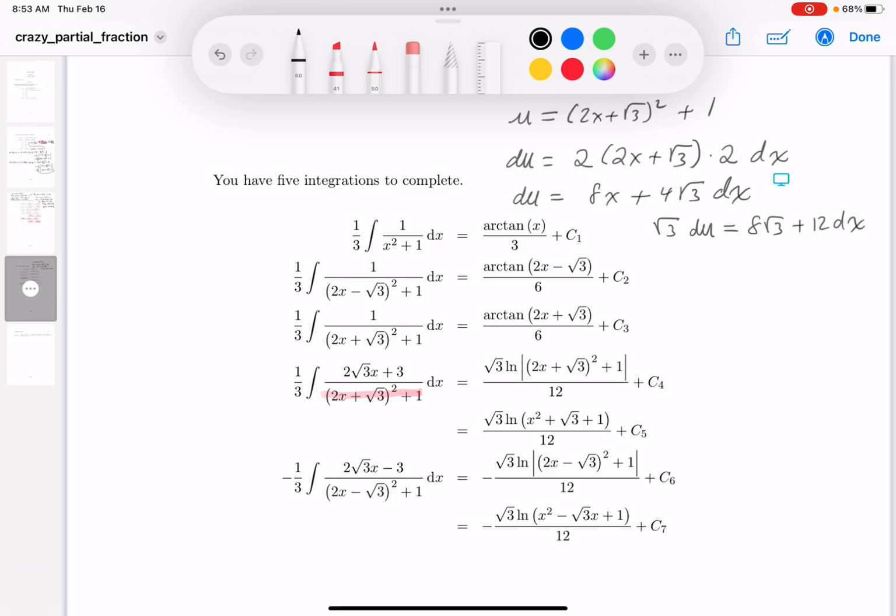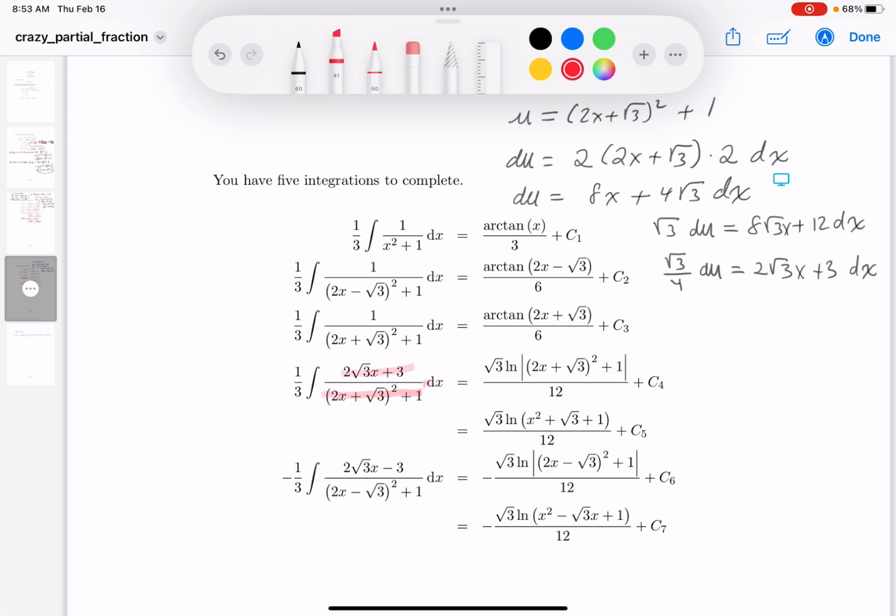I am going to divide both sides by 4, and you get root 3 over 4 du, and that's going to be 2 root 3, you know what? I forgot the x there. Sorry about that. I just noticed it. And that's going to be plus 3 dx. All right. I'm seeing it. And someone says, where are you seeing it? Right over here.